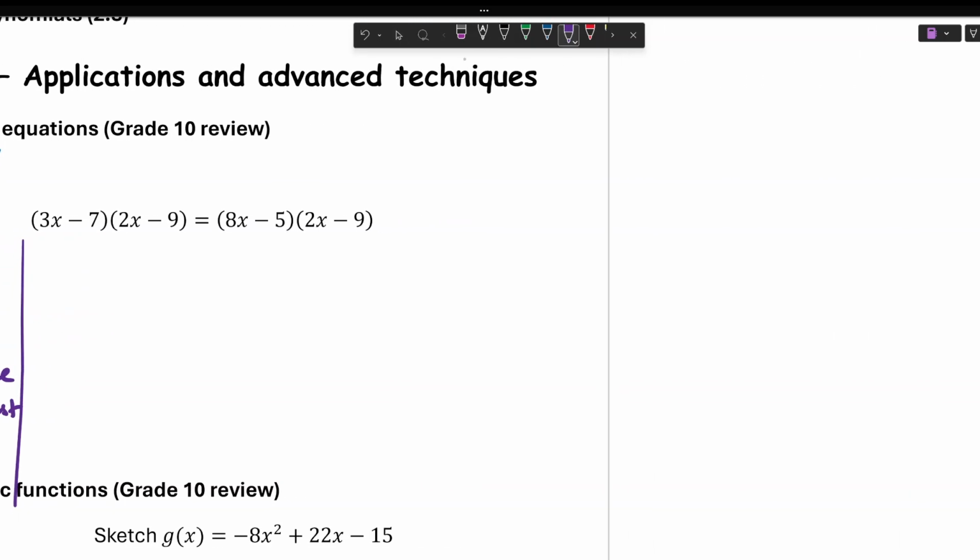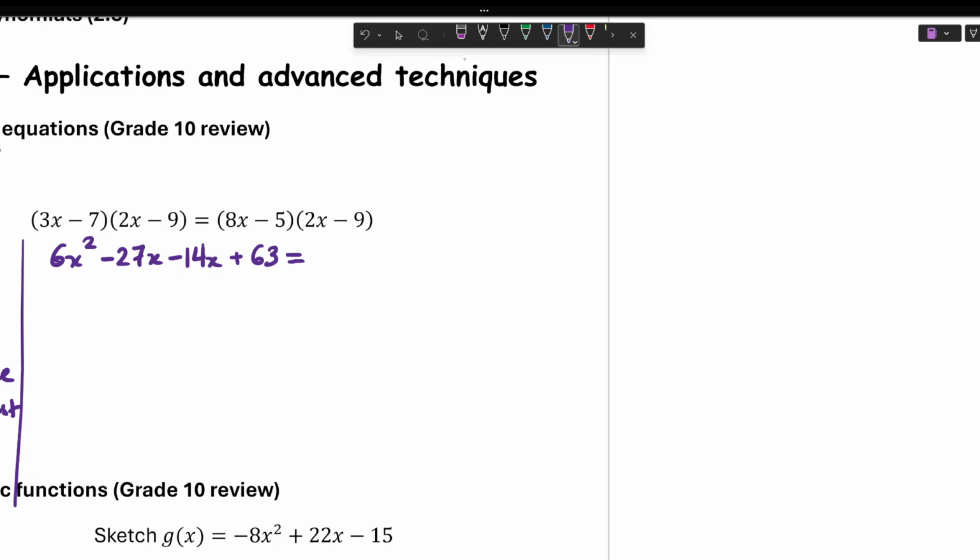So let's expand both sides. 3x times 2x is 6x squared. 3x times negative 9 is negative 27x. Negative 7 times 2x is negative 14x. And negative 7 times negative 9 is positive 63.